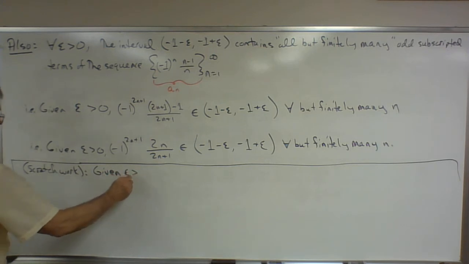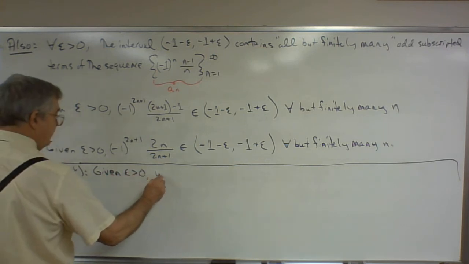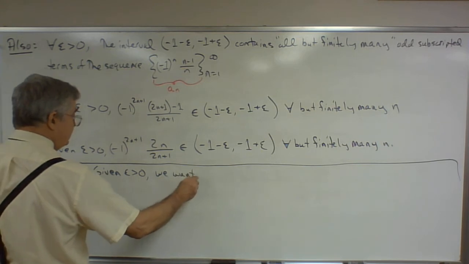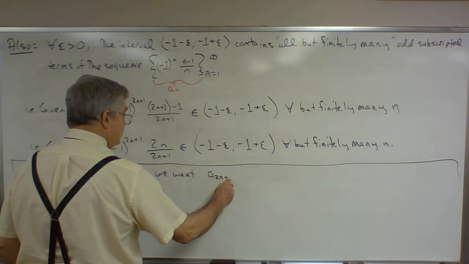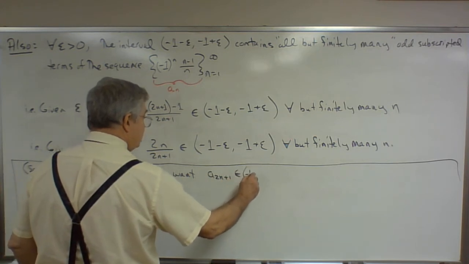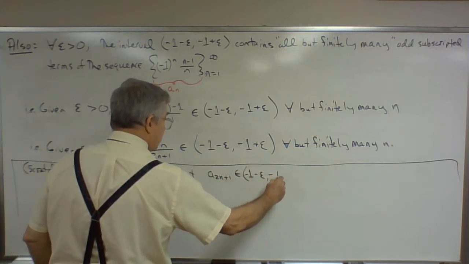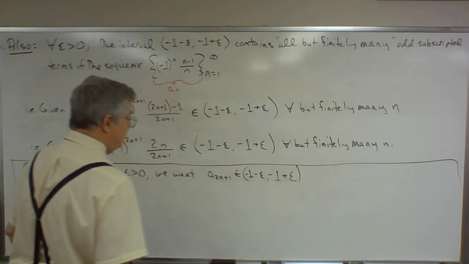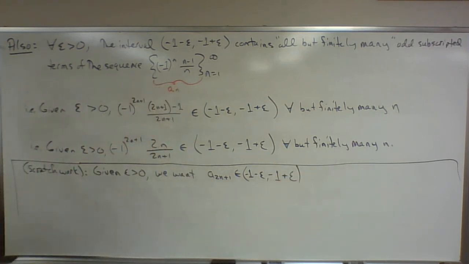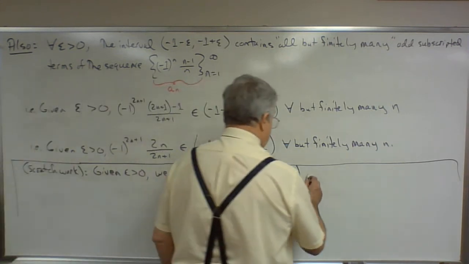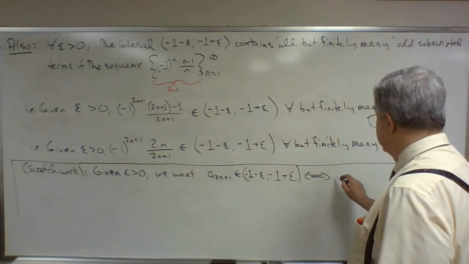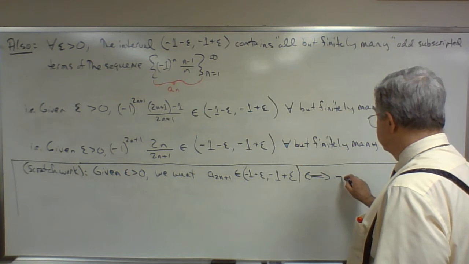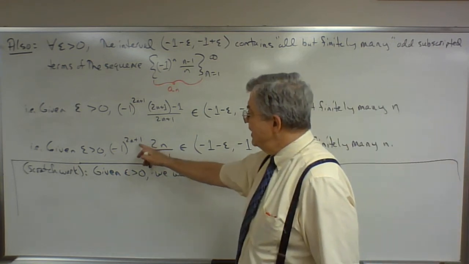So given epsilon greater than 0, we want a sub 2n plus 1 to be in that interval. And that's the same thing as saying we want negative 1 to the 2n minus 1.